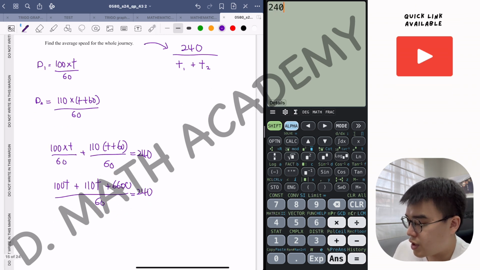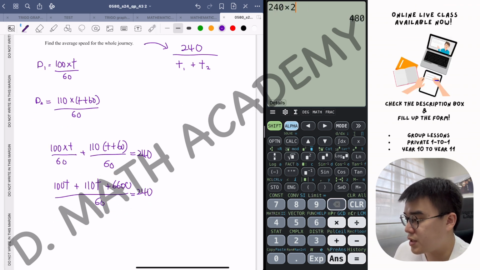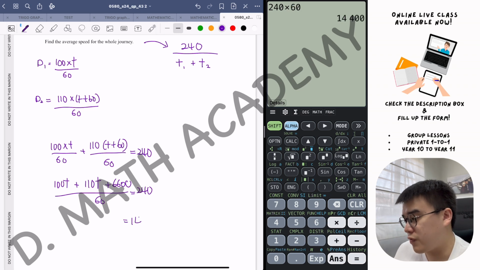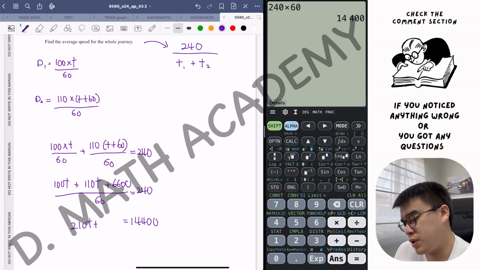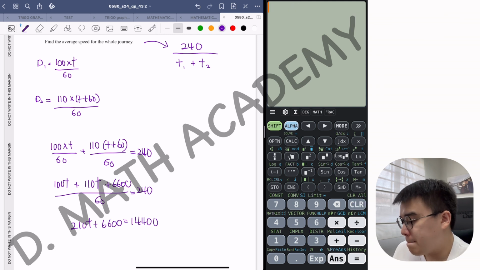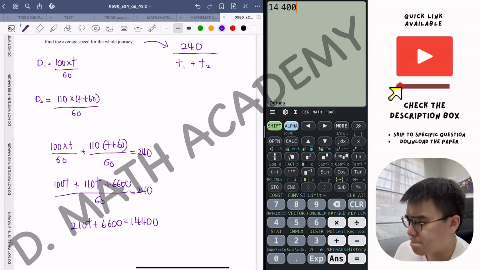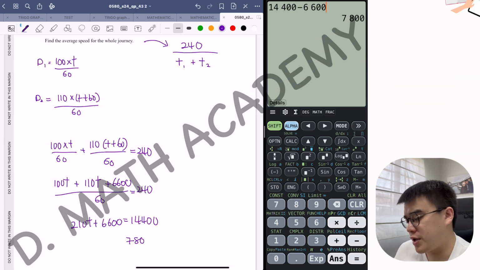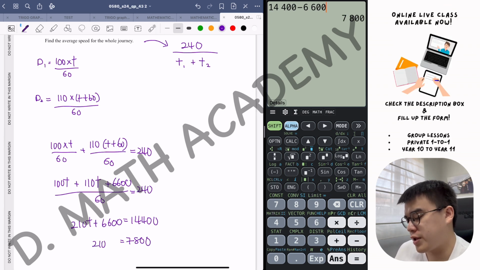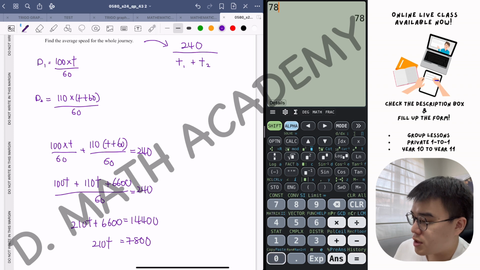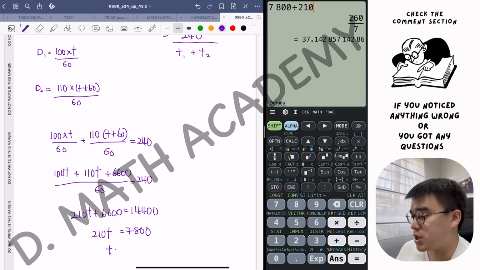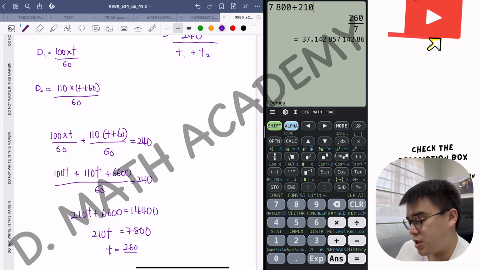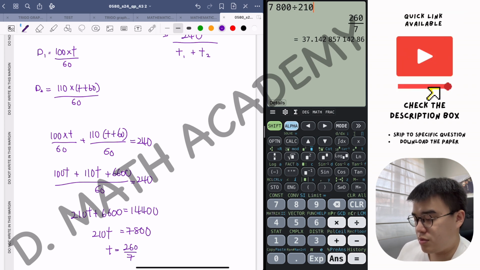So the 240 multiplied with 60, you get 14400. 210T plus 6600. You get 7800 as 210T. 7800 divided by 210, you will get your answer as 260 over 7.